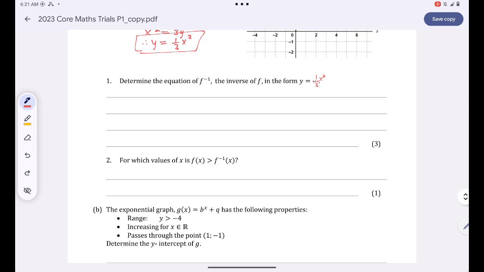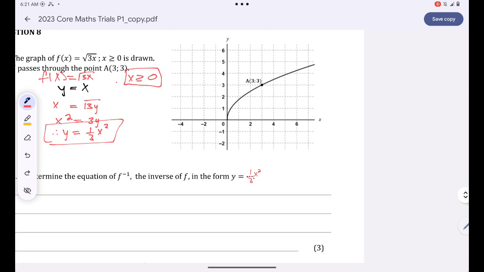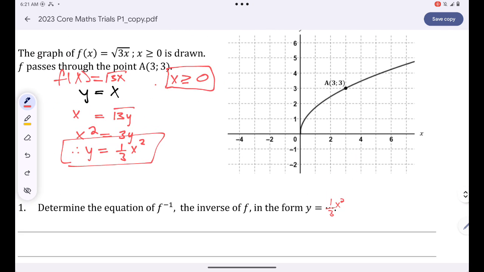Now I'm being asked for which values of x the graph of f of x is above the graph of the inverse of f. If I were to draw my inverse, the value of a is positive, so my graph would be like this. Let me just draw it like this.